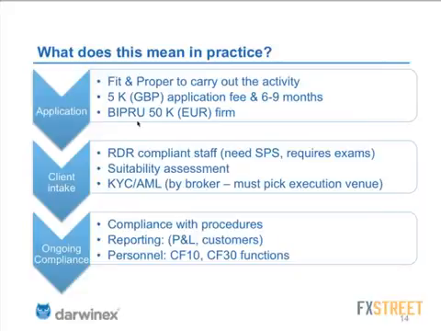And eventually, if they think you're a fit and proper person and you prove to them that you have the technology in place to be carrying out business, then you'll receive the approval to become what they call a BPRU 50K firm.